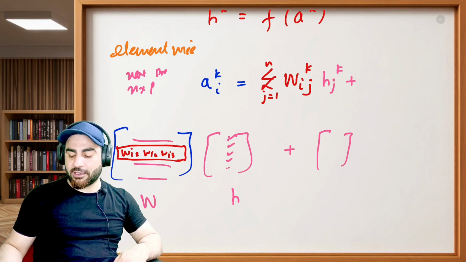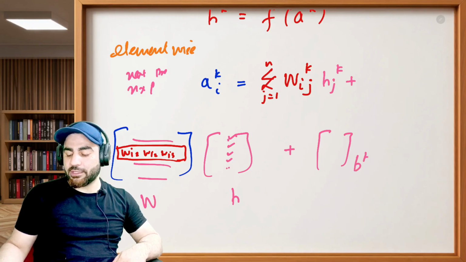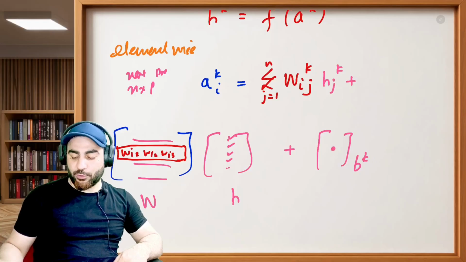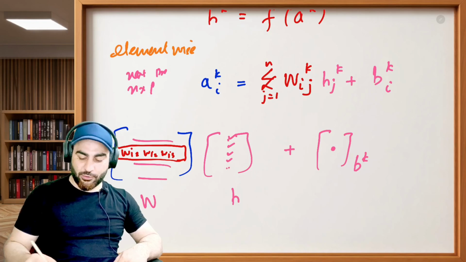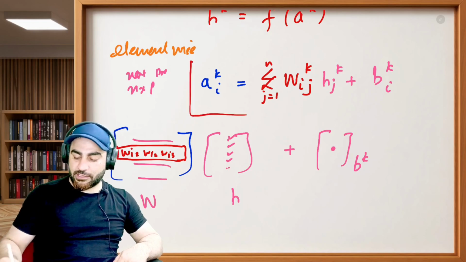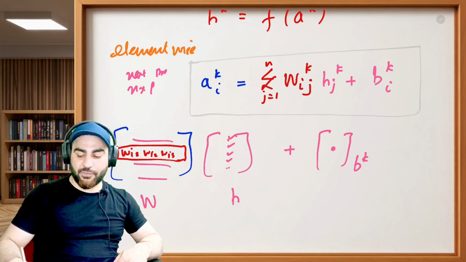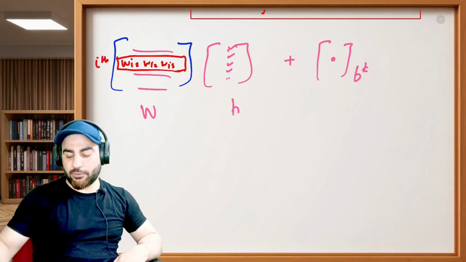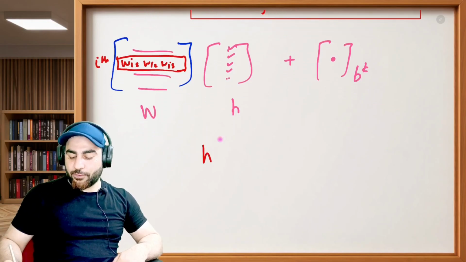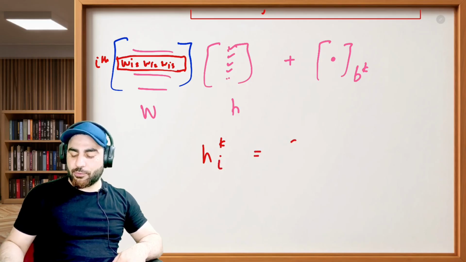The bias is also a vector. So you have this bias vector bk, and from it you will just take the ith entry. So this is the element-wise forward pass. After you have this, in order to get the activation, you will apply the activation to hk of i.